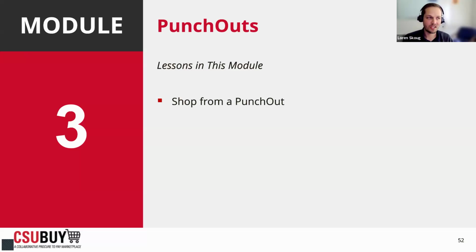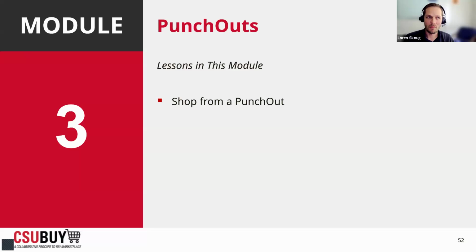If you're going to use Staples now, you're going to be shopping in CSU Buy through the Staples punch-out. It's the same functionality. It's better because it's all tracked in the system. The DOA approvals are in the system. If you need help from the buyers or anyone else, we can all see what's going on and we can assist you directly. It's a much more modern, streamlined, better way of doing it for CSU purchases.